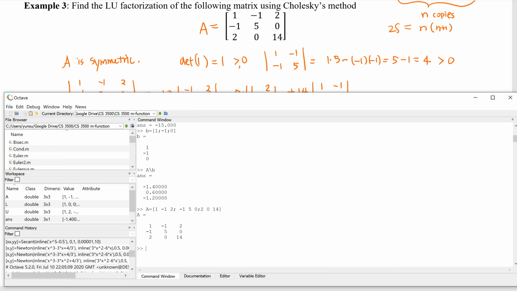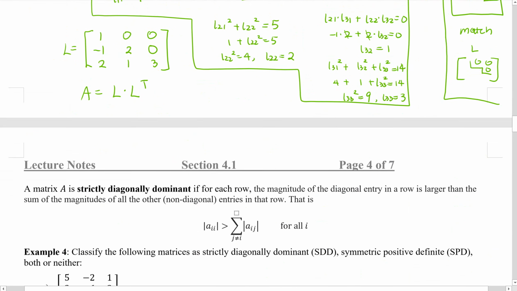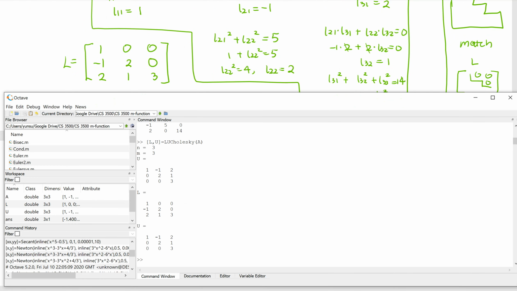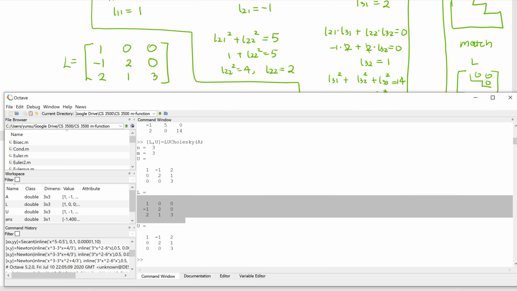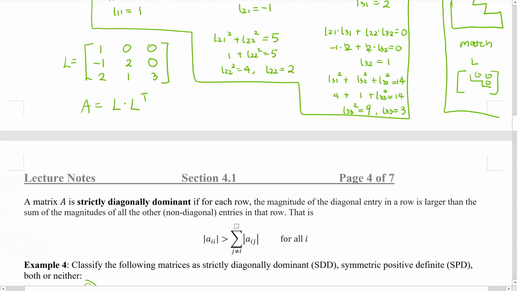Then for Cholesky's method, the syntax is brackets L U equals LU Cholesky of A. Okay, now you see the L. So this is our L: 1 0 0, -1 2 0, 2 1 3. See, it matched with our answer. And U is the transpose of L. So far so good, everybody.